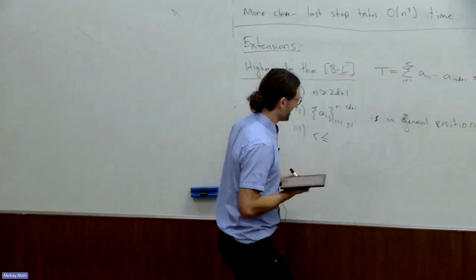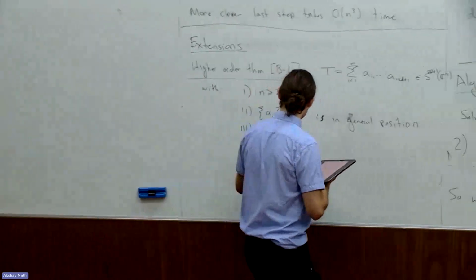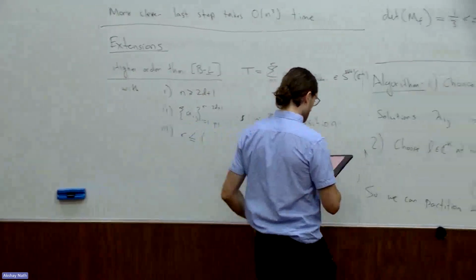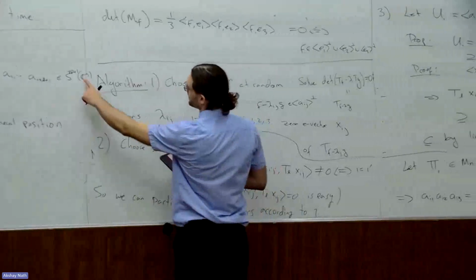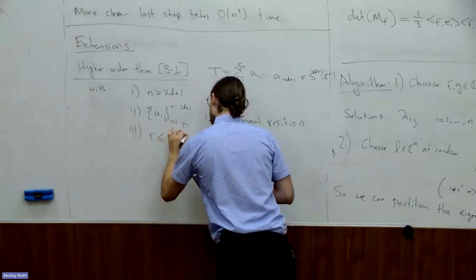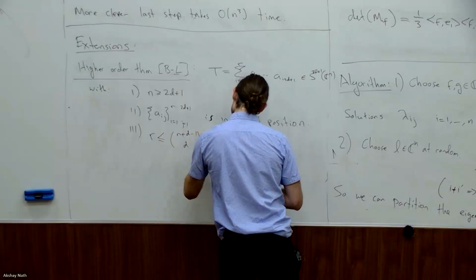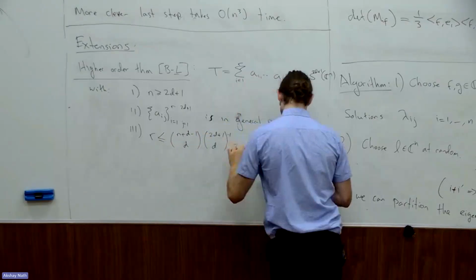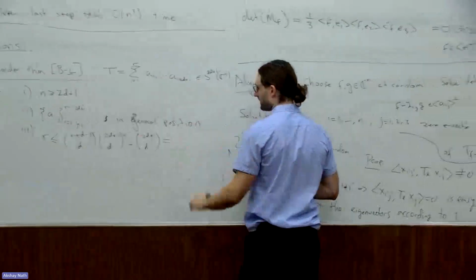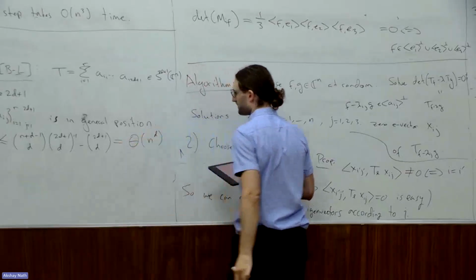Okay, so ours is similar. None of this is going to go to the maximum rank. The maximum rank would be something like n to the 2d plus 1. We get this complicated expression for the upper bound on R, minus 2d plus 1 choose d. It doesn't really matter what it is, but it's theta of n to the d for fixed d.